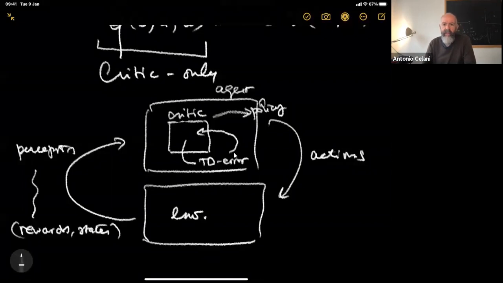What we want to do now is to change the focus to another object, which is the policy. We want to recenter our attention on the policy itself. Why is that? First and foremost, because the policy actually is our original goal. We want to optimize over policies. It is a bit of a historical accident that we started by discussing critic-only algorithms because they have been flourishing over the past years.